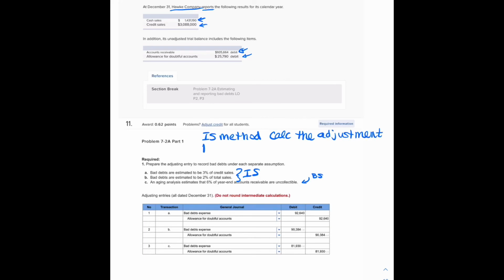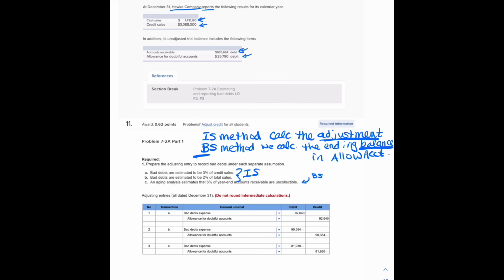But with the balance sheet method, we calculate the ending balance in the allowance account. So what may be the easiest way for you to remember this is that the balance sheet method gives you the balance, whereas the income statement method gives you the adjustment.